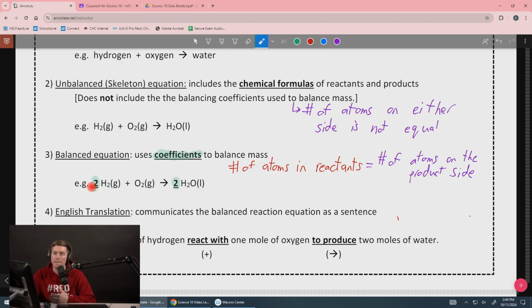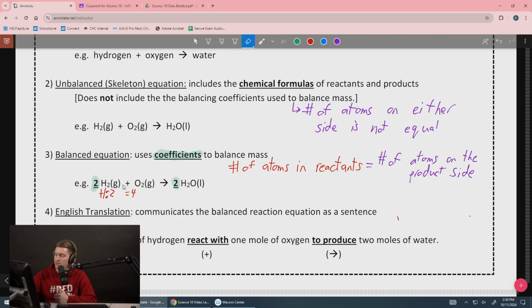This coefficient multiplies the formula that it sits beside. Each hydrogen has 2 hydrogen atoms. This 2 multiplies this hydrogen molecule. So in total, on the reactant side, if I'm looking at the number of hydrogens, I have 2 times 2 equals 4 hydrogens.